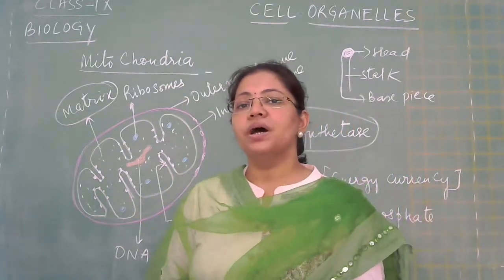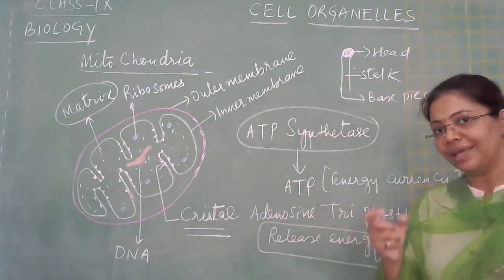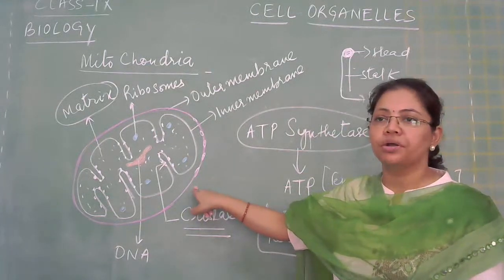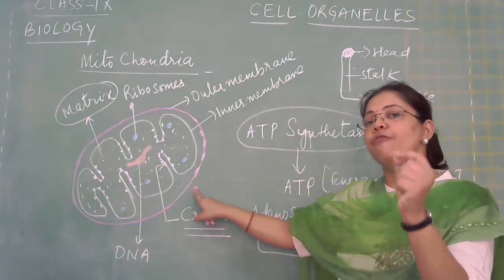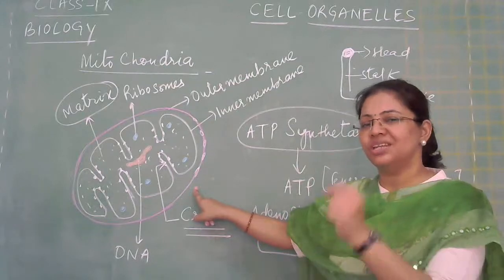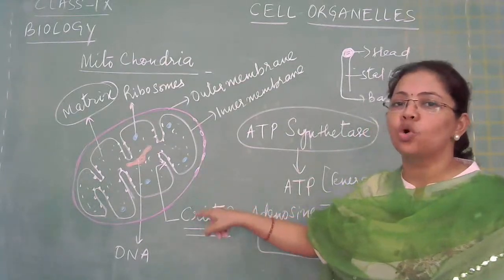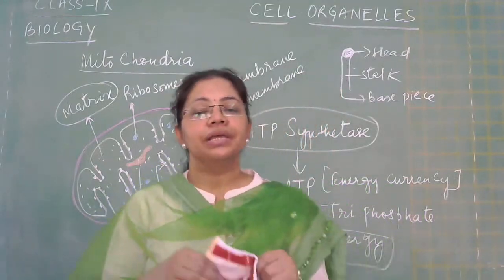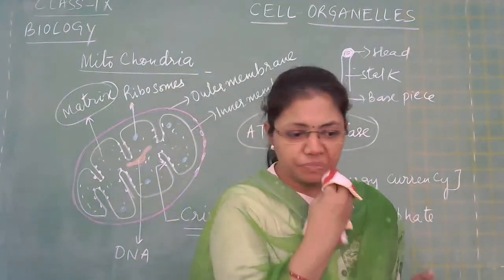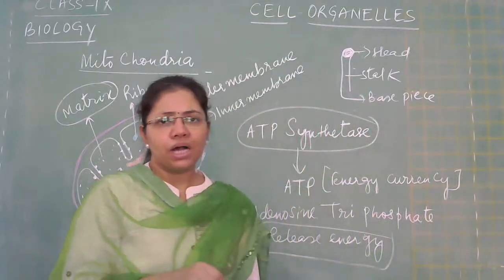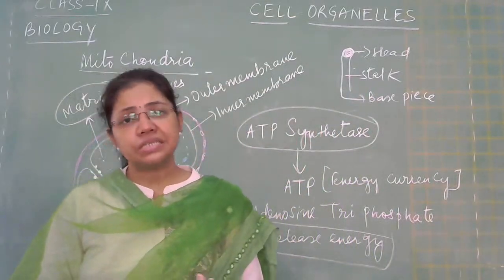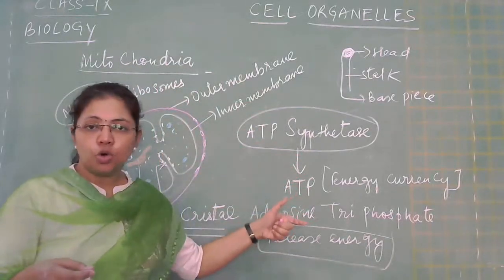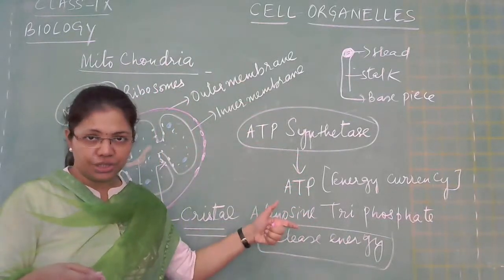So do remember that aerobic respiration inside a cell always takes place inside mitochondria. Yes, the site for aerobic respiration inside a cell is mitochondria, and because of that, energy is released, right?